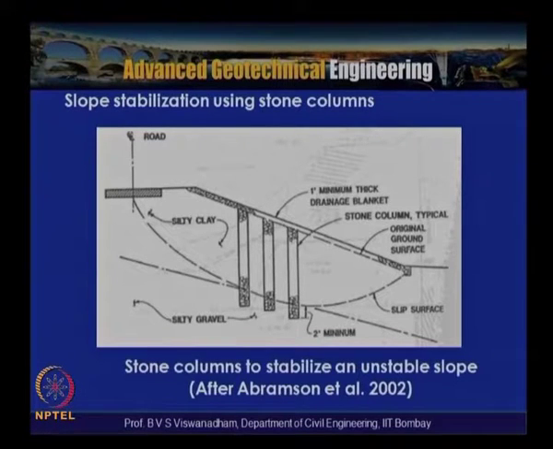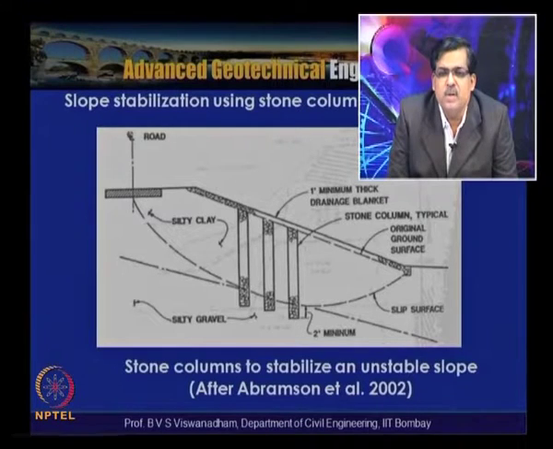In a stone column, or a granular column, the replacement of the soil happens, and the soil is replaced with a stone chart or a granular material. The stone columns have a diameter ranging from about 400 mm to 1000 mm to 1200 mm.